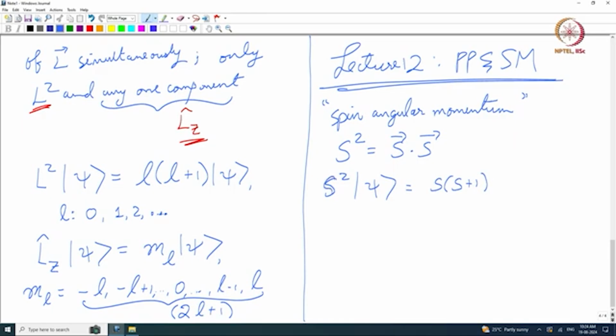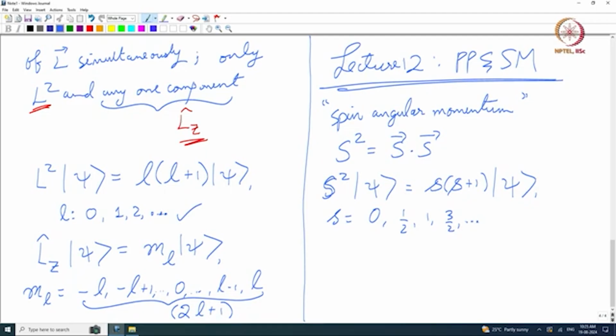So this is a capital S, this is a small s. And what values can s take in general? They take half integer values, correct. That is what makes it distinct from the orbital angular momentum, which took whole integer values.